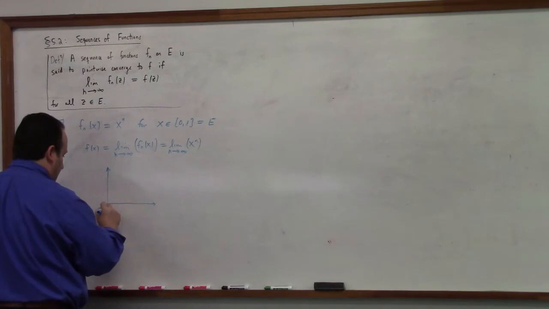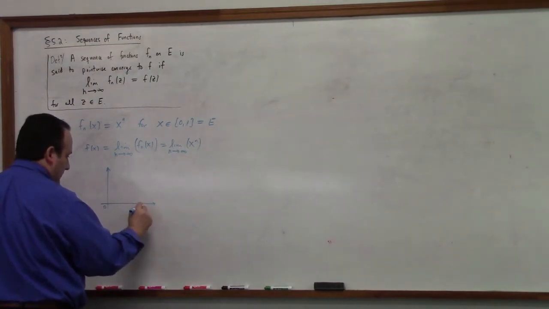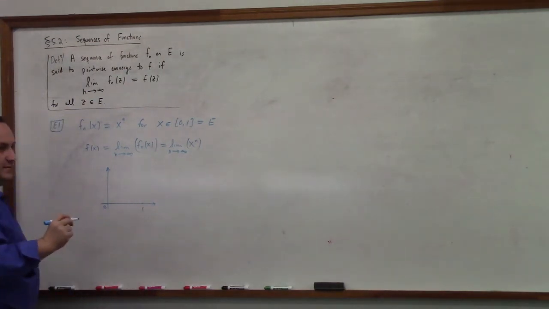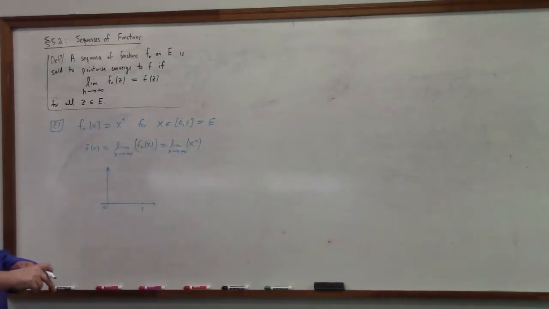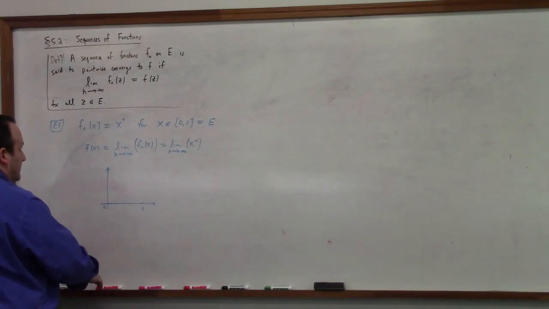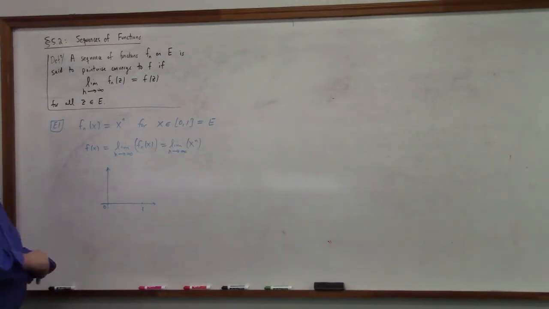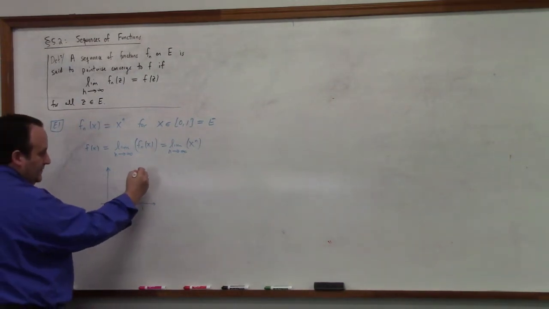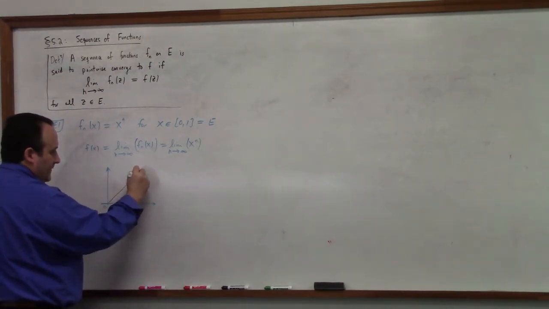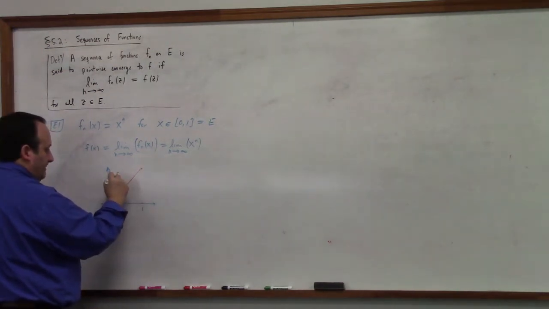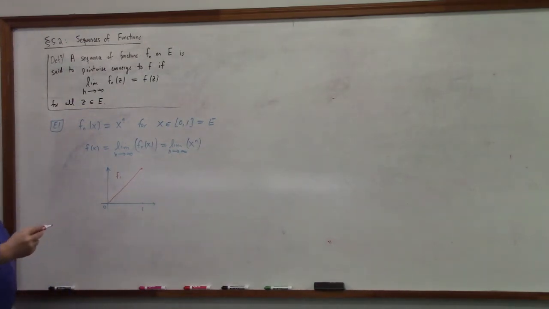So here's 0, here's 1, right? And we can graph the different functions here, right? What's the graph of F1? It's like this, right? This is F1, because f1 is just y equals x, right?